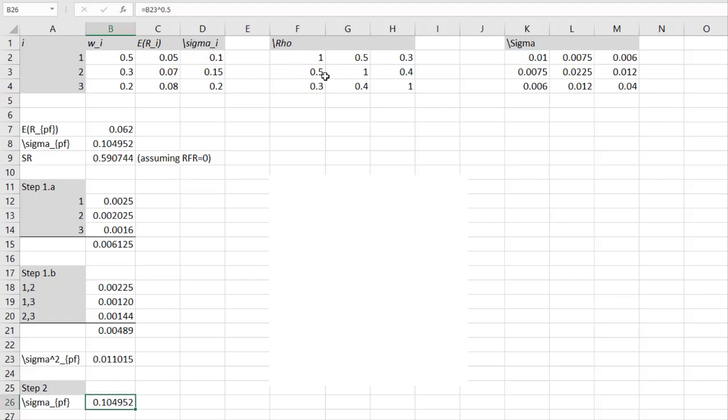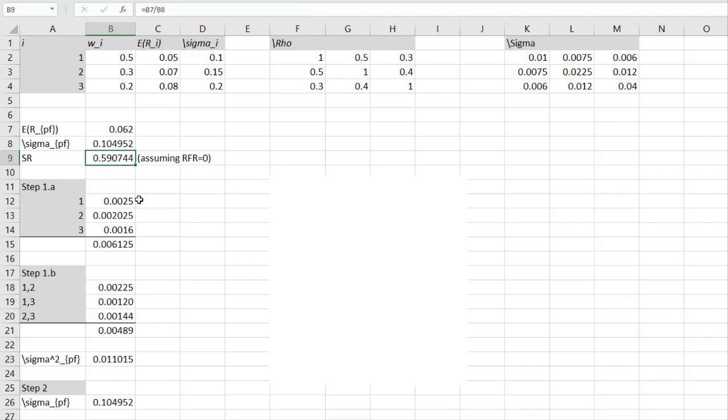This is the correlation matrix containing the pairwise correlations of the combinations, and this is the expected return, 6.2%, the portfolio volatility, roughly 10.5%. We have just calculated it down here. I have calculated it here using a different formula. I will come back to this formula in a minute.